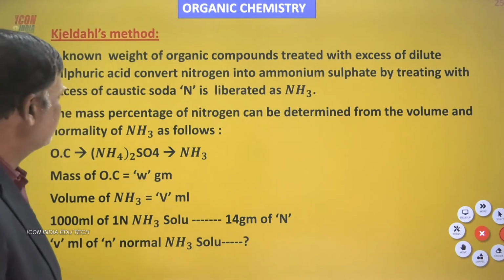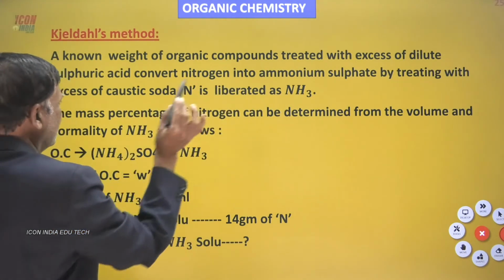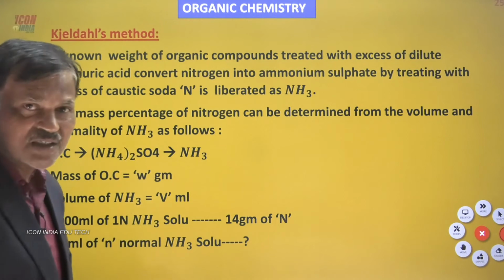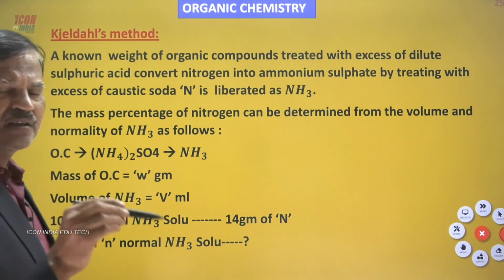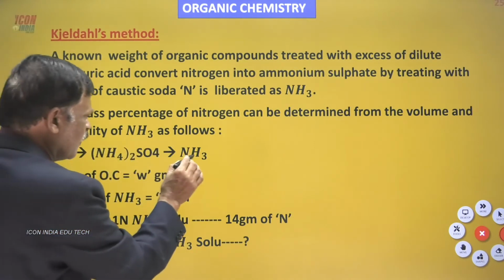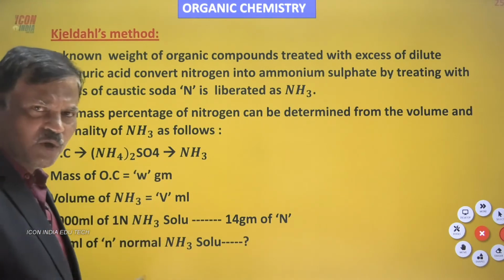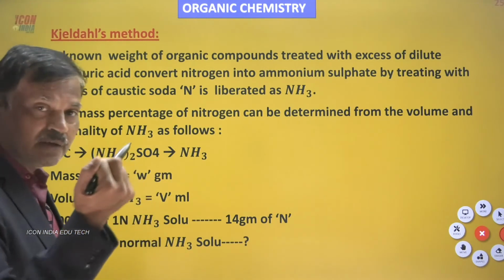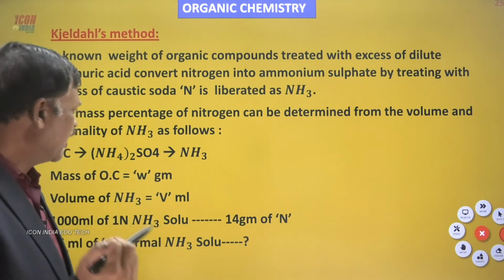That ammonium sulfate is finally converted to ammonia, NH3, by treating with caustic soda. Thus, in Kjeldahl's method, the nitrogen present in the organic compound is converted to ammonia. From the volume and normality of the ammonia, we can determine the percentage of nitrogen.